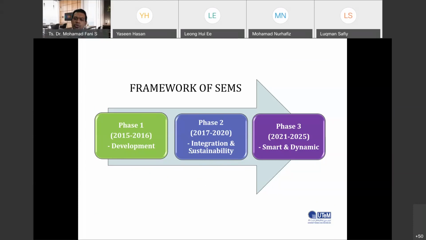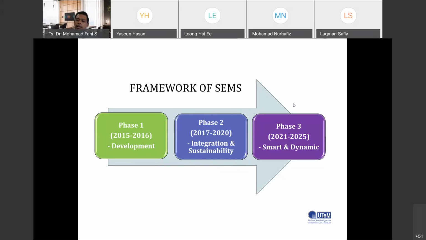We have continued to do many programs for sustainability, especially to put in commitment from every single level in UTEM, from the support staff to the top management, and also from the students, MPP, etc.